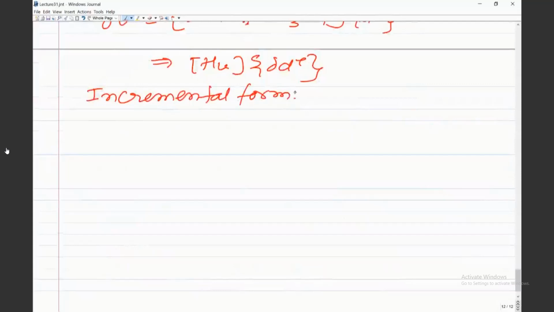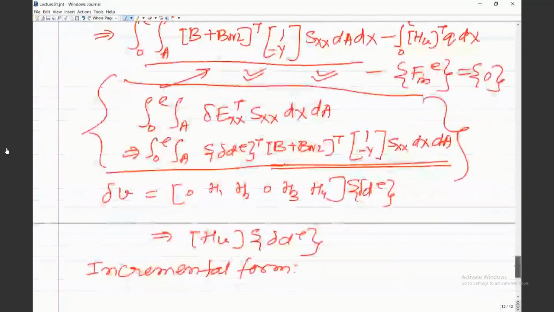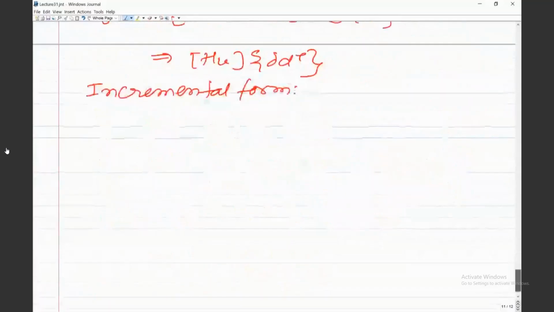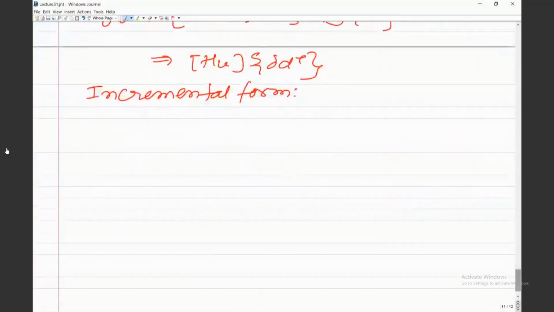The incremental form is basically the increment. Here, first we have to take the increment of Sxx, and on this side we also have to take the increment of BNL. So the increment of both these terms has to be taken. When you write this in the incremental form, it is similar to the previous case we did.